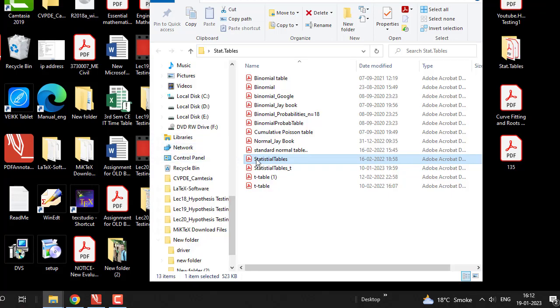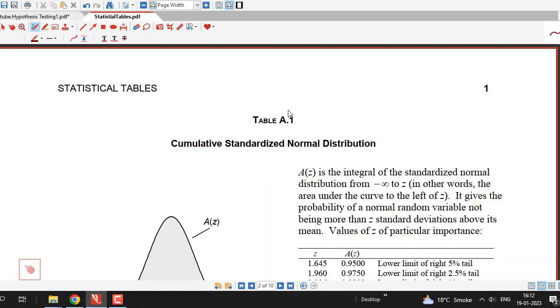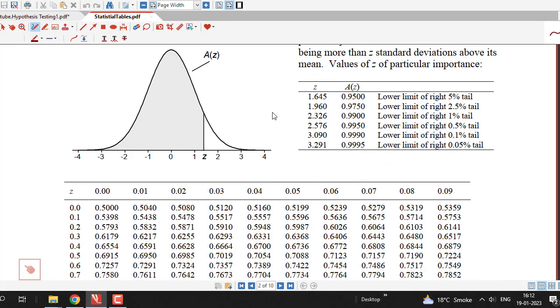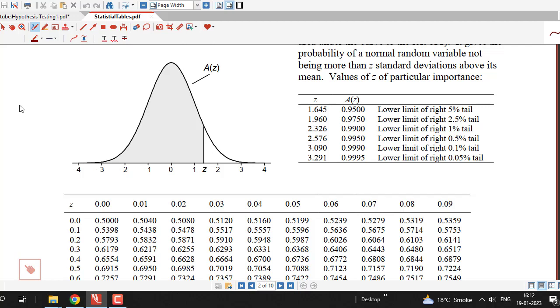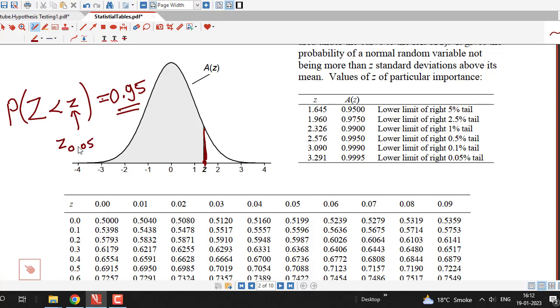So let me open this statistical table for cumulative normal probability, and here we are interested in the value of Z such that the area to the left of Z is 0.95, and our point is denoted by Z suffix 0.05.